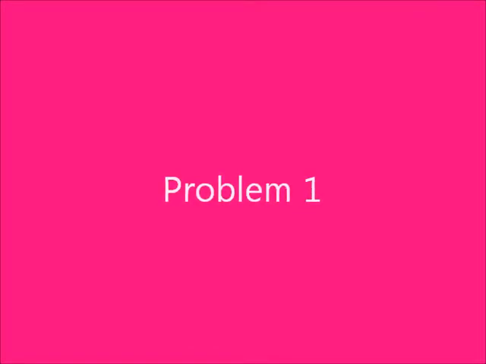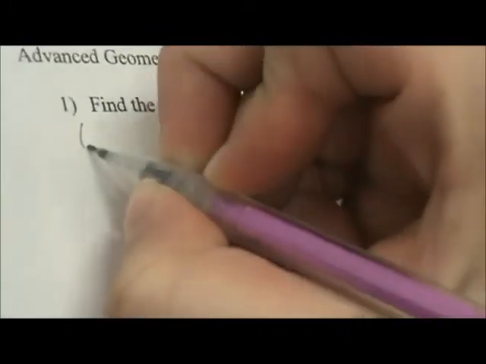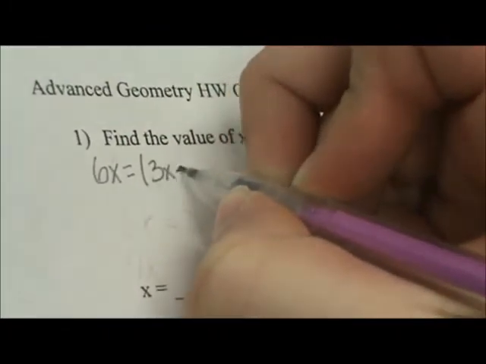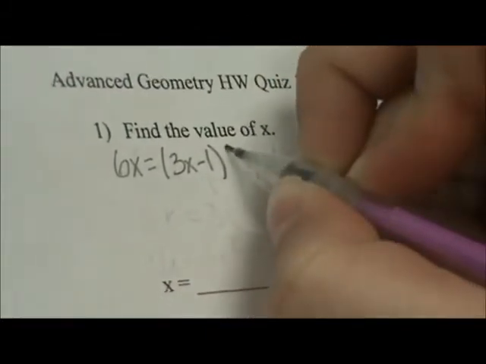Well, in this problem, we will get 6x is equal to (3x minus 1) times (x plus 1).